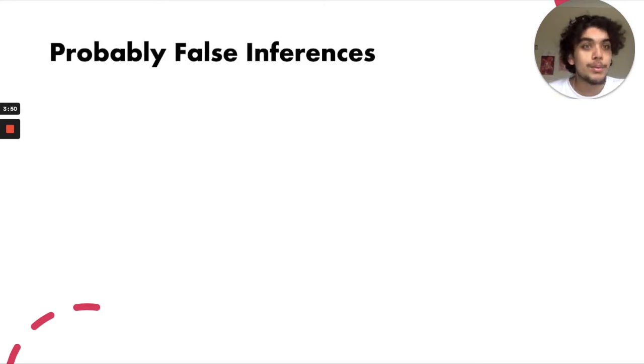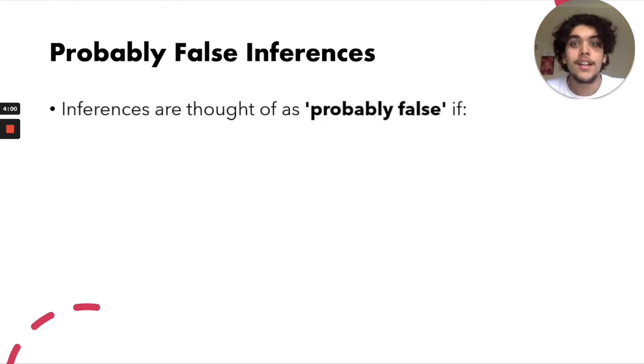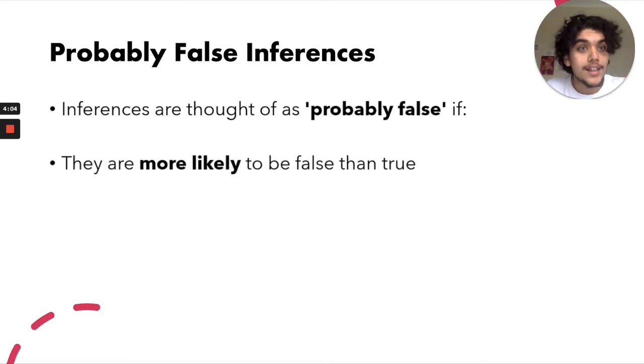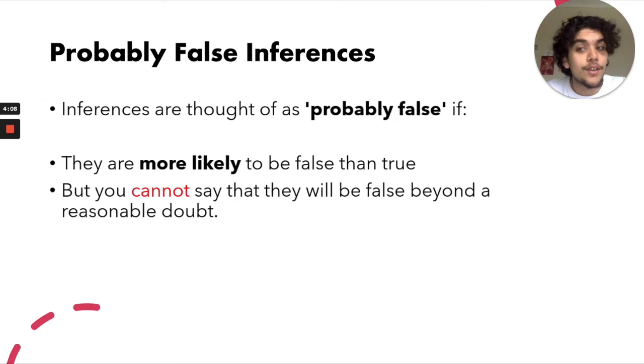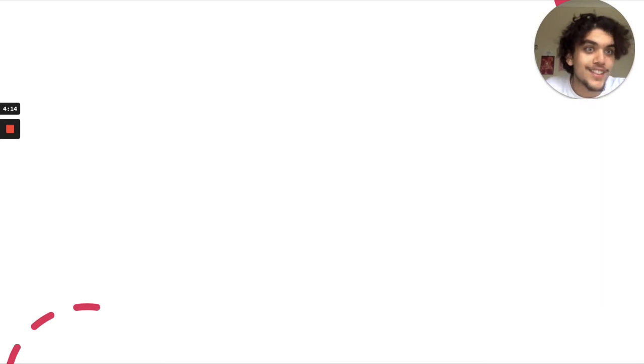Okay, how about probably false? In the same way that an inference can be probably true, as in you're leaning towards it being true, the same goes for something that is probably false. So you can think of inferences as probably false if they're more likely to be false than true. However, you cannot say that they're false beyond a reasonable doubt, in the same way as probably true inferences.